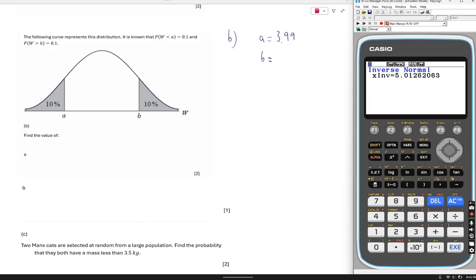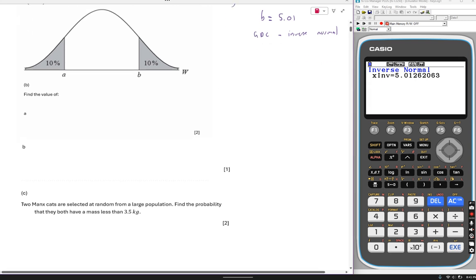Press equals, and we get 5.01 is B. On the mark scheme, we need to use our GDC, so calculator, to find either A or B. So you could say in your calculator steps: GDC, inverse normal, and then state what the mean is, state what the standard deviation is, and then say left tail 0.1 or right tail 0.1. So that is for B.